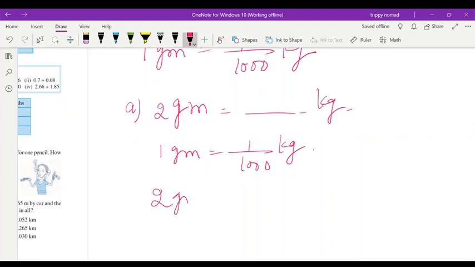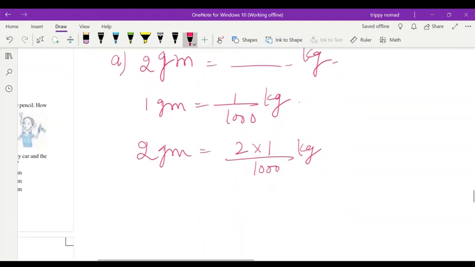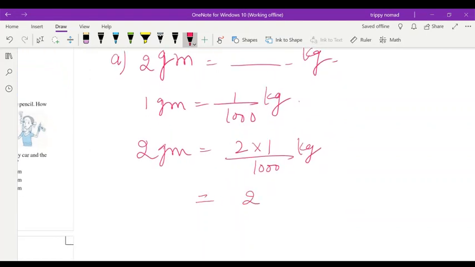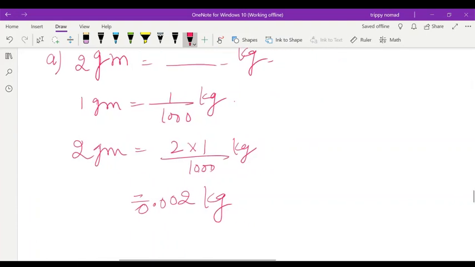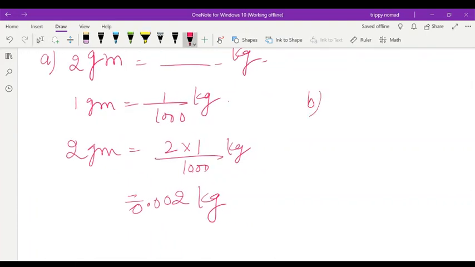So 2 gram is equal to 2 into 1 upon 1000 kilogram. So again, children, how many zeros? 1, 2, 3. That means you will fill that many zeros to get the point at the exact position.